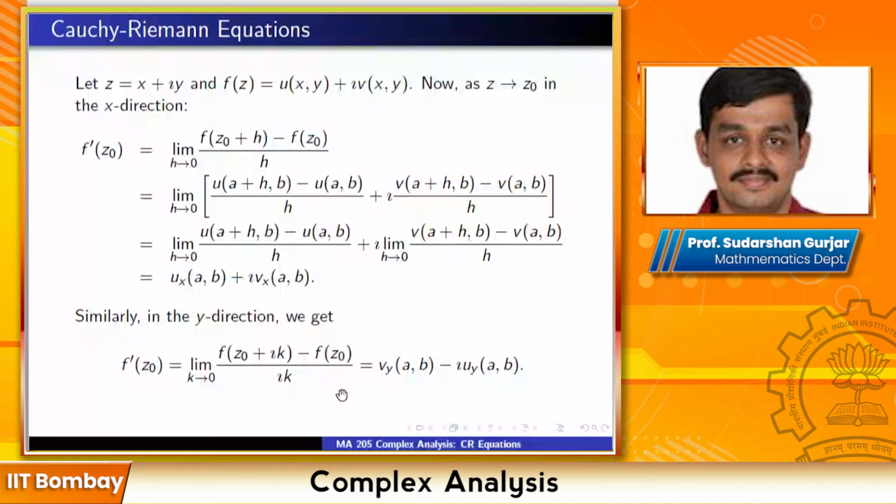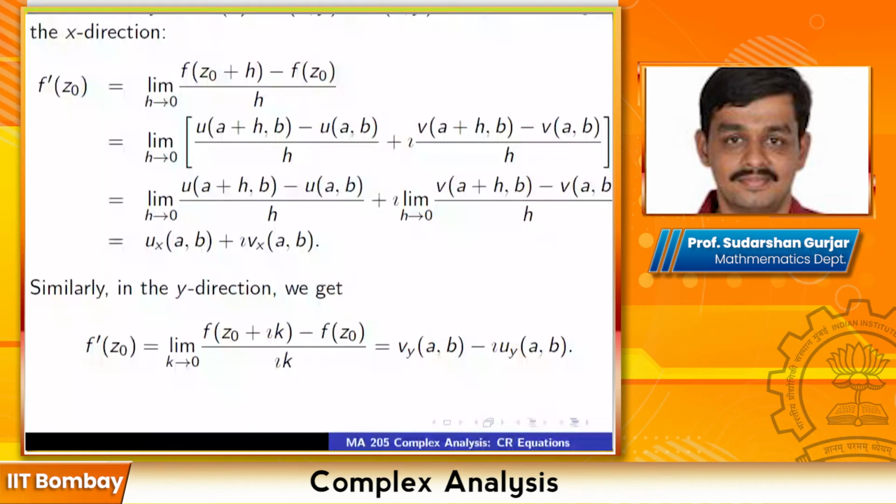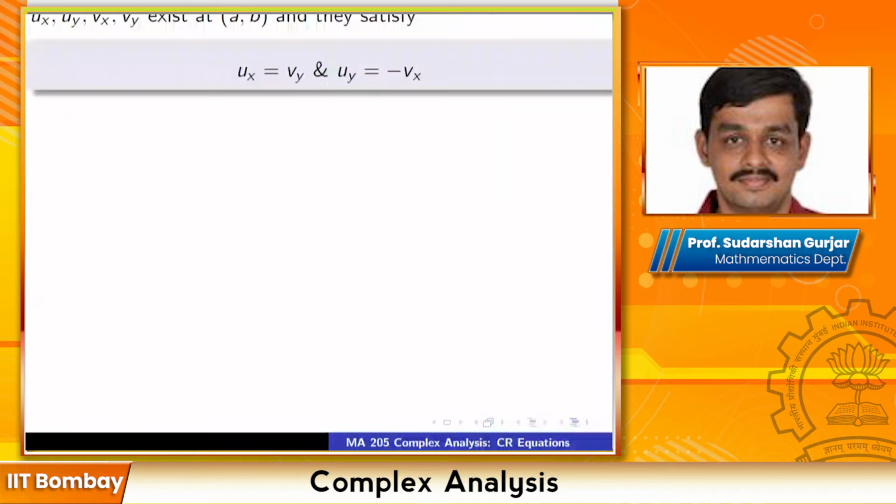And exactly as above, if you compute this, this will be vy at (a, b) minus i times uy at (a, b). The same two lines of calculation will show that this is equal to vy minus i uy. So this is just a consequence of applying the definition. But now differentiability of f.